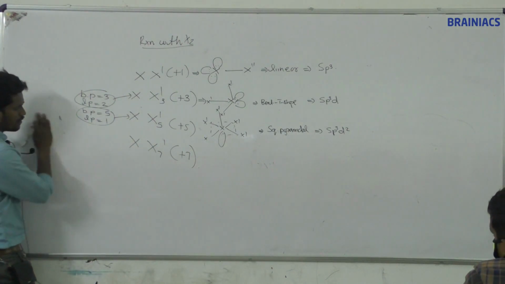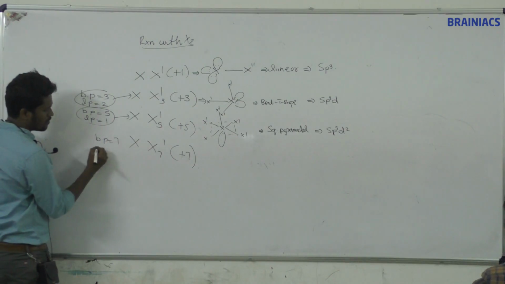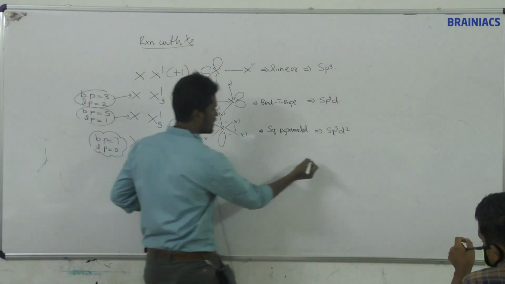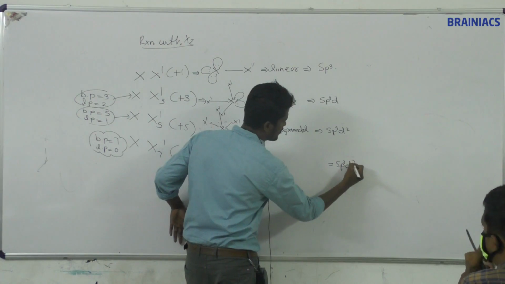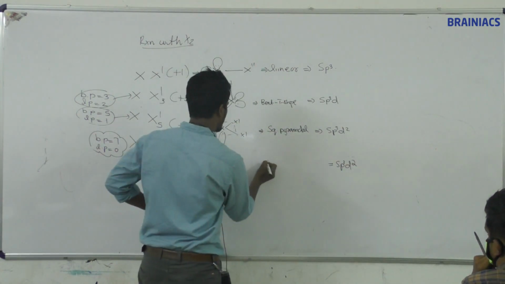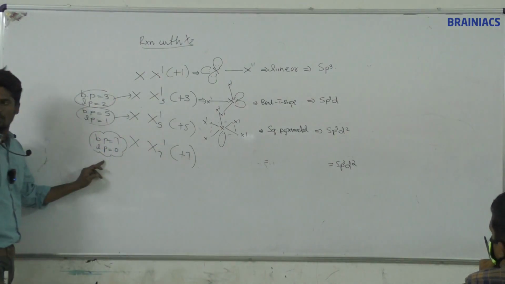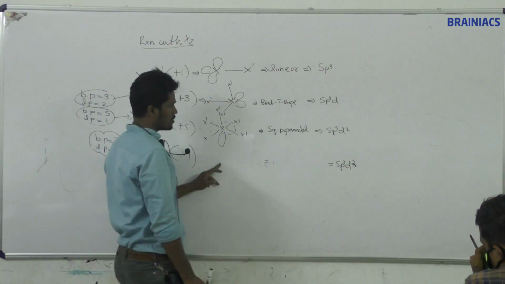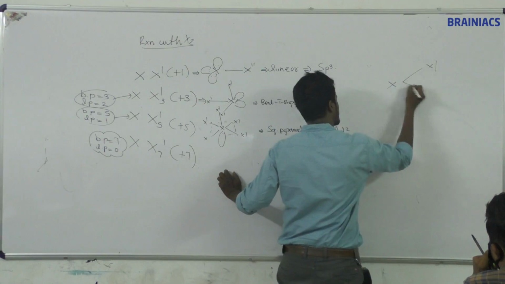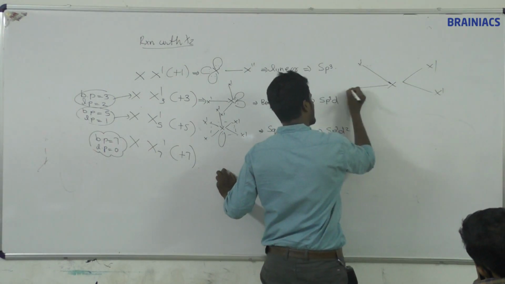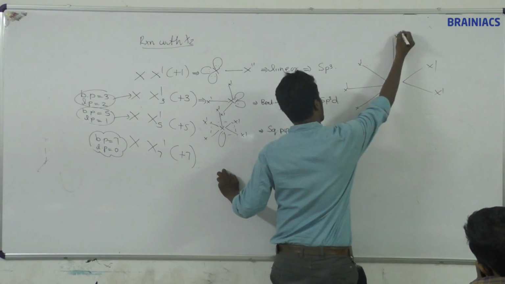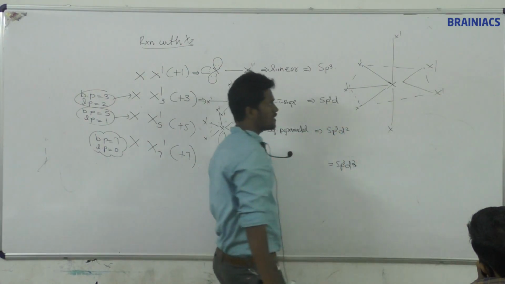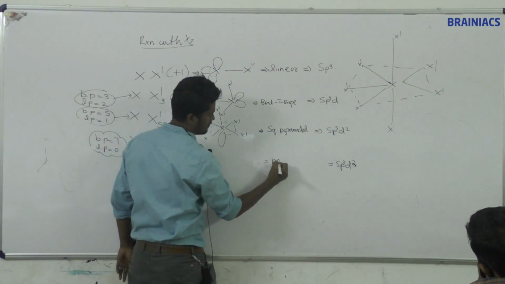XeF7 dash. What is the total number of lone pairs of electrons? 0. So what will be the hybridization? sp3d3 hybridization. And what will be the geometry if it is 7? So what is the structure?